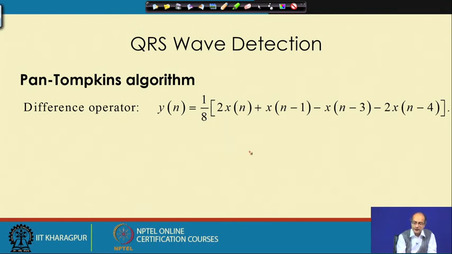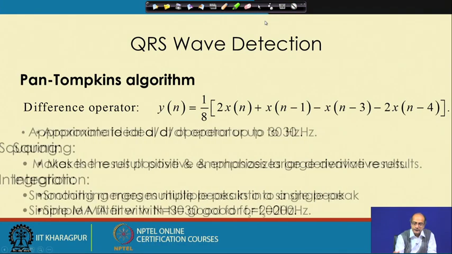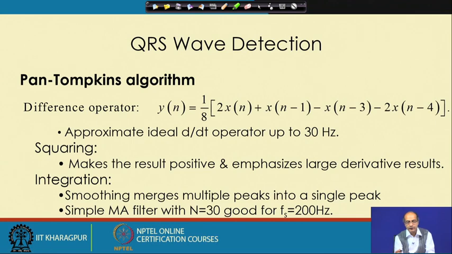And again you note that this is an integer filter, because the coefficients are integers and the divisions are also power of 2. So, again multiplication can be replaced by shift operations here, and after that the differentiator will do the squaring.